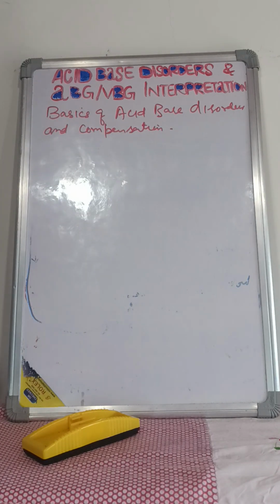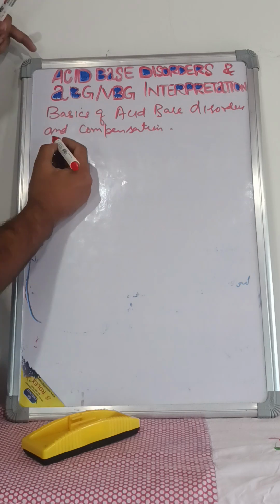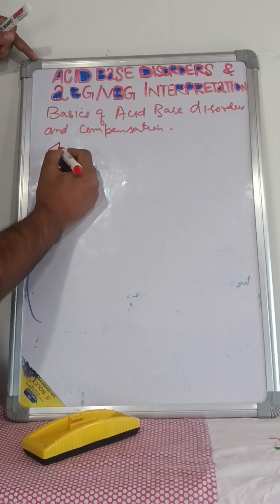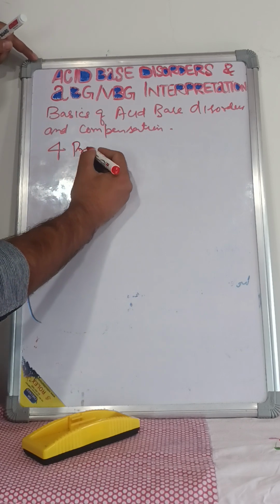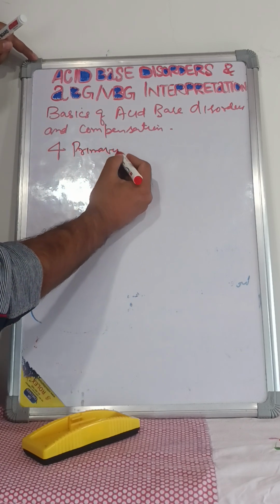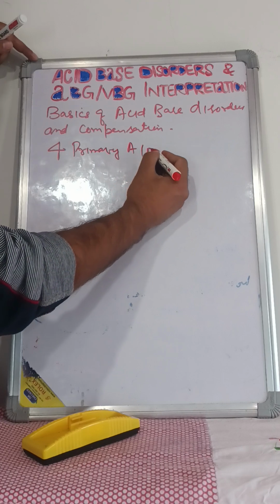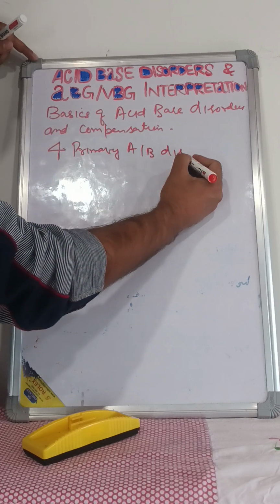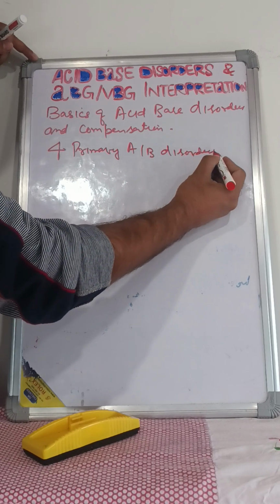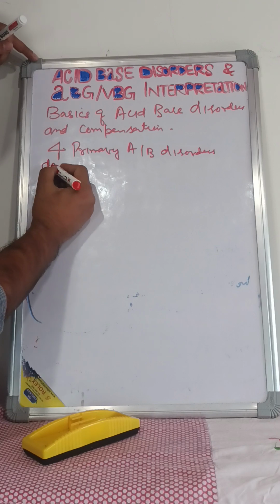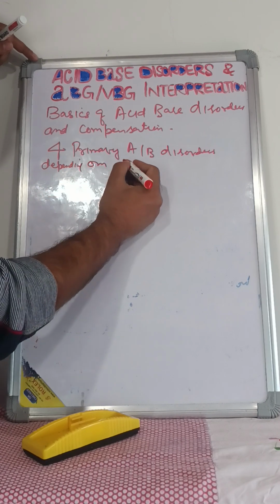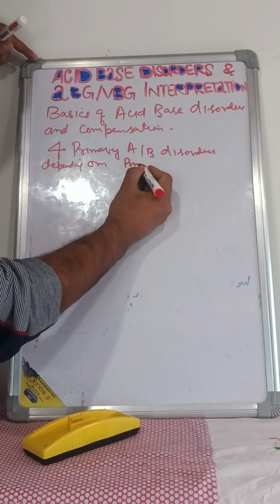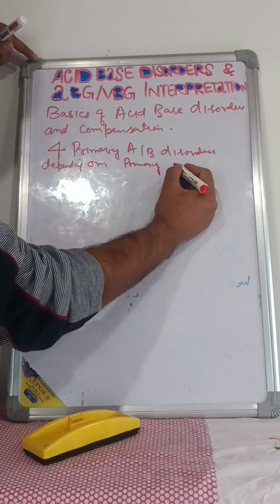What is compensation? What are basic acid-base disorders? You always remember there are four primary acid-base disorders, depending on the primary disturbance.